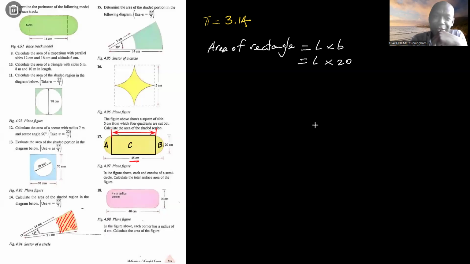Garcia, no, the length has to be less than 45. Because if the length, Jeremiah, we're doing number 17. Udaya, we're doing number 17 for those people who are now coming in.